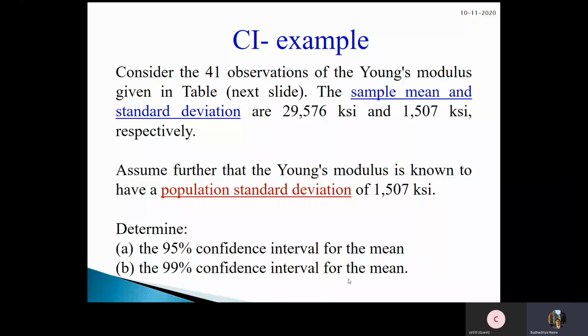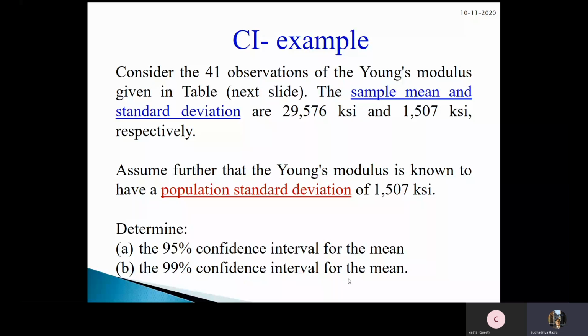Sigma is known, that is the population standard deviation. And you have found out basically the deltas. So the 95% confidence interval is given by 29,576 minus 461, comma, 29,576 plus 461.